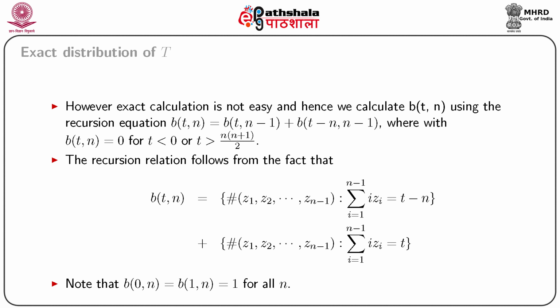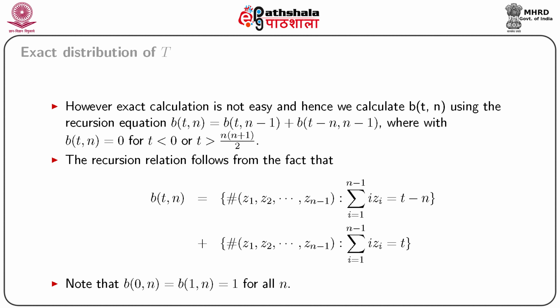First of all, we develop a recursion relation for Btn. We can calculate Btn using the relation Btn equal to Bt,n-1 plus B(t-n),n-1, where Btn equal to 0 for t less than 0 or t exceeding n into n plus 1 by 2. Note that Zn, the last quantity of the tuple, is either 0 or 1.